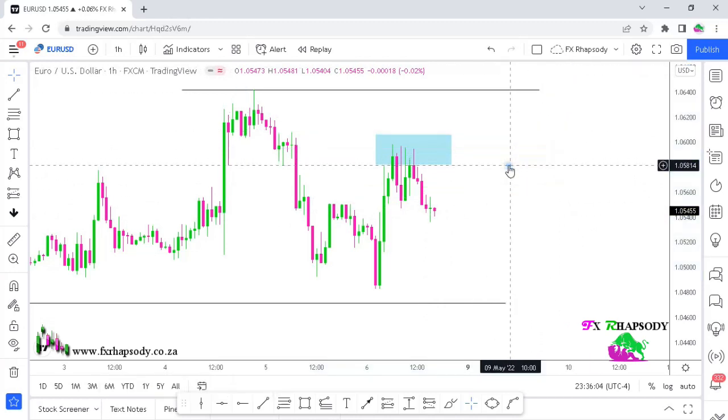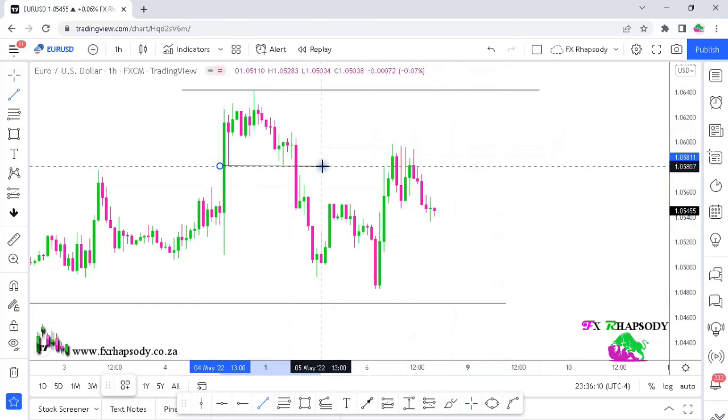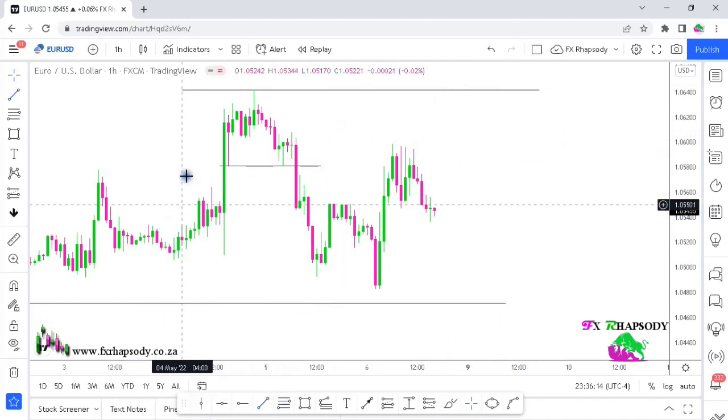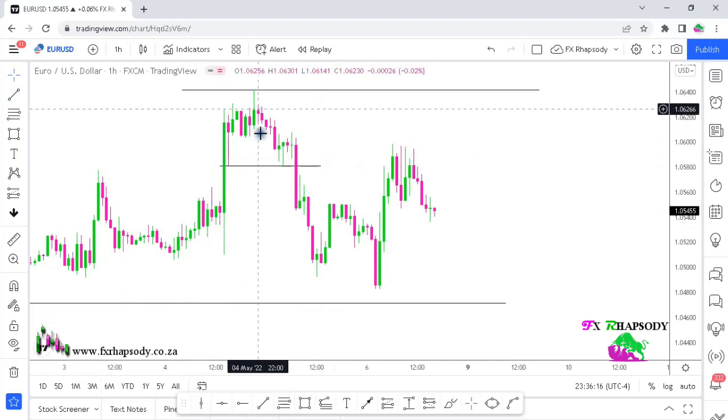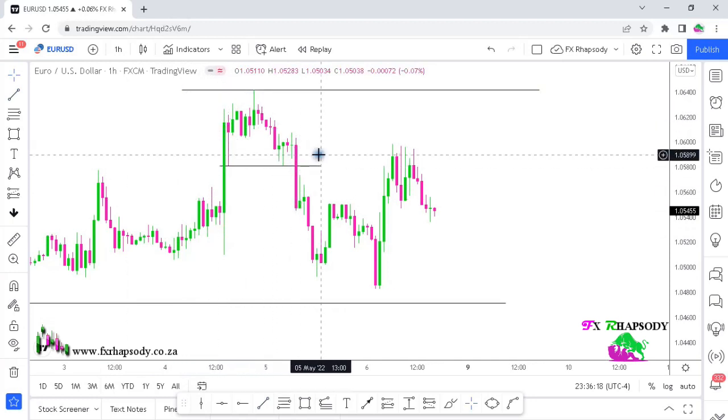Another way that you could have entered this as well is, you can see this previous low being broken over here, the structure. So basically you had this push to the upside, that was the previous low, price rallying through that area like you can see.